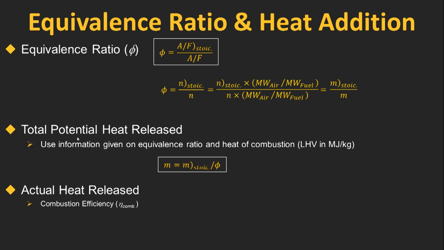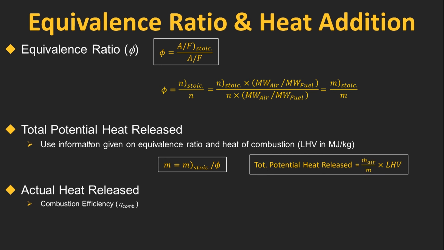Next, dividing the total mass flow rate of air, which is m dot, by this actual air-fuel ratio m gives us the mass flow rate of the fuel. If we multiply the mass flow rate of the fuel by the lower heating value LHV, we get the total potential heat released.